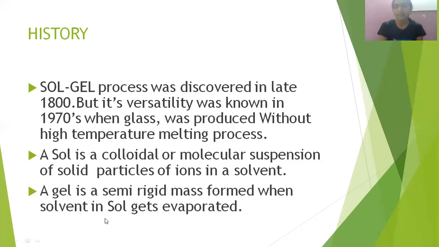A gel is a semi-rigid mass formed when the solvent in the sol gets evaporated. When this solvent evaporates, the solid becomes a jelly substance, and that jelly substance we call a gel. So we get a gel from the sol. That is nothing but the sol-gel process, which is a typical nanotechnology.